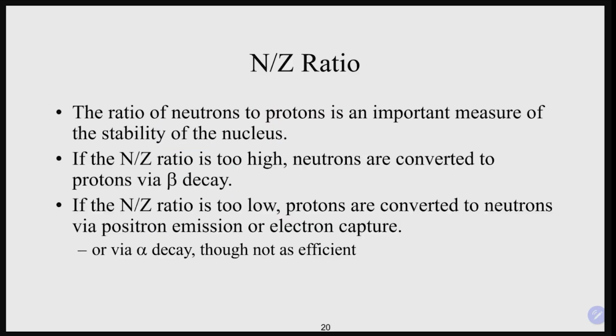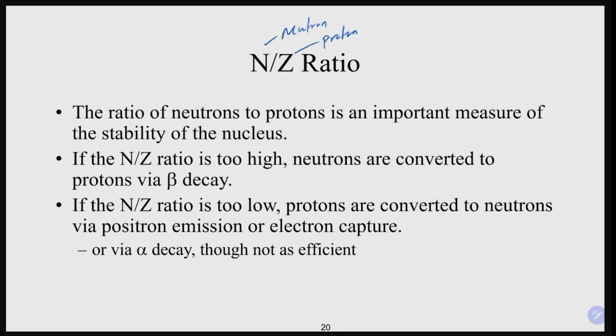One way that we look at the stability of a nuclide is by what is referred to as the N to Z ratio, and that is the neutron to proton ratio, as Z is our symbol for atomic number.